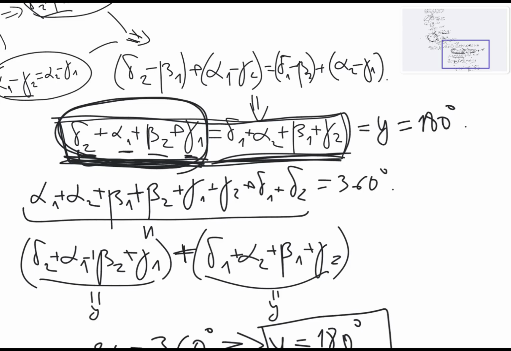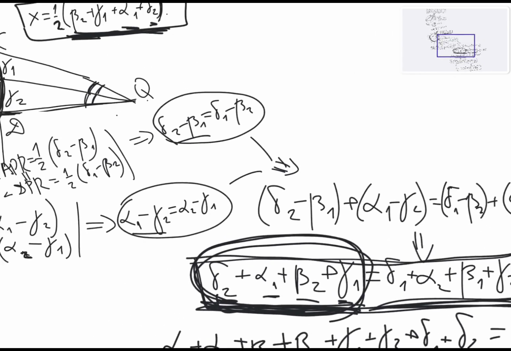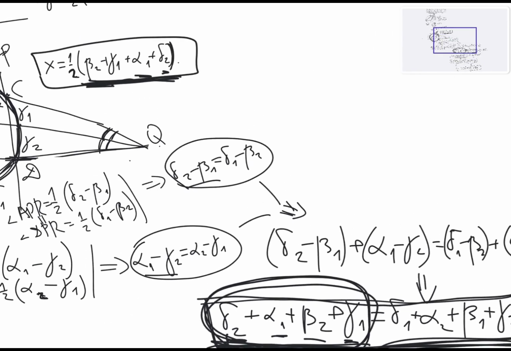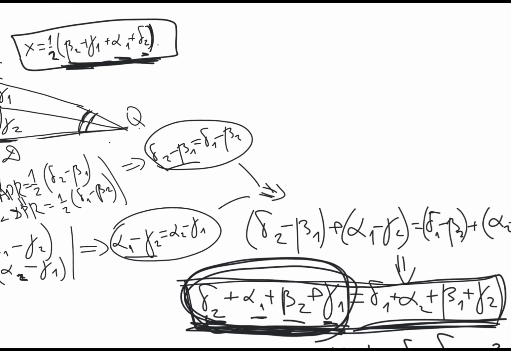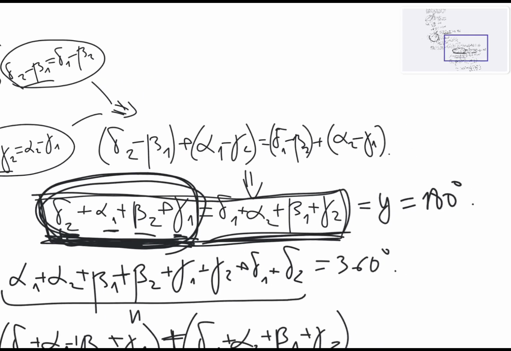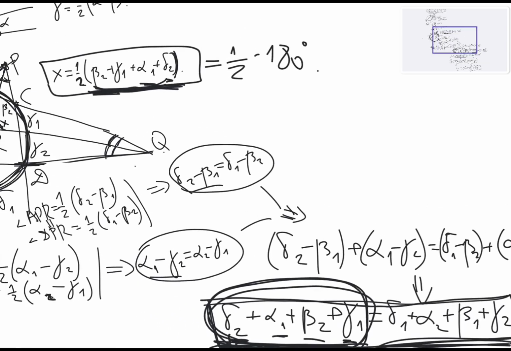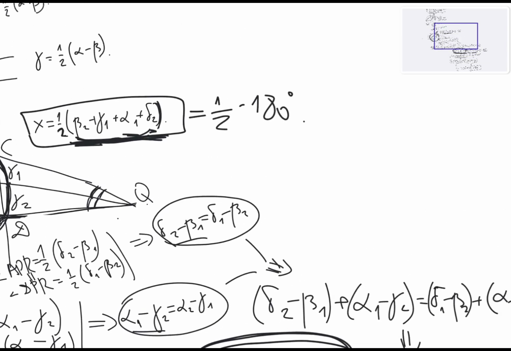And so the left hand side, as I already mentioned, is the same as the expression for the angle x, and so the angle x can be expressed as 1/2 of 180, because the sum we just found is equal to 180. So 1/2 of 180 is simply 90 degrees. And this is exactly what we need.